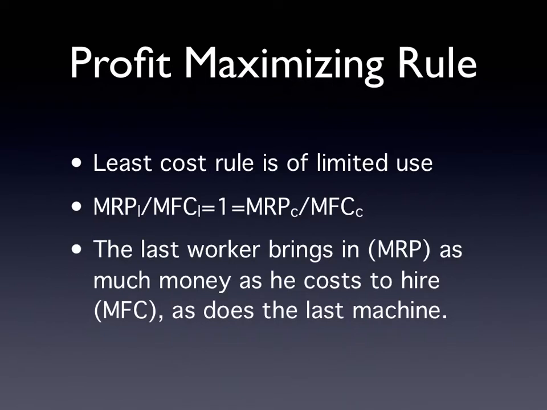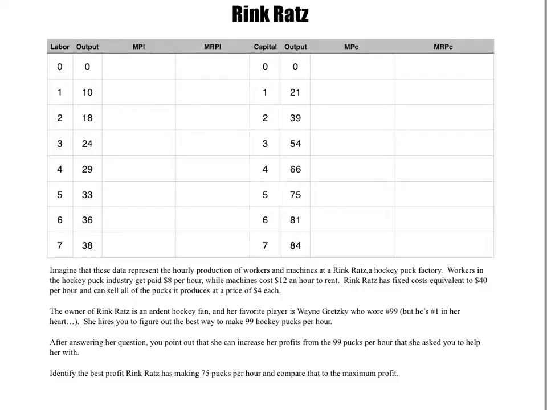So what I'd like to do now is turn our attention to a practice problem where we can use both the least cost rule and then ultimately the profit maximizing rule to figure out how to advise a business firm. Here we have a scenario of a firm called Rinkrats, and it's very important for us to take a look at the directions here to get the necessary information.